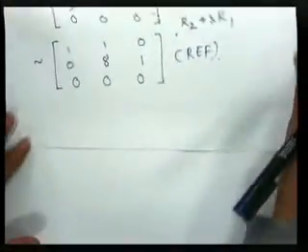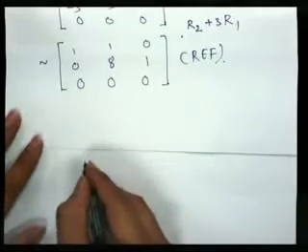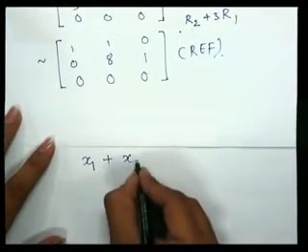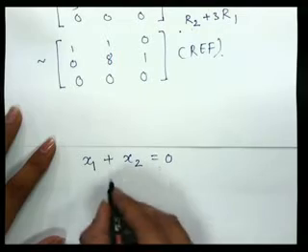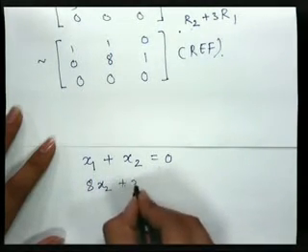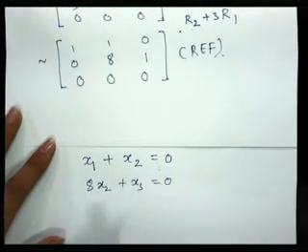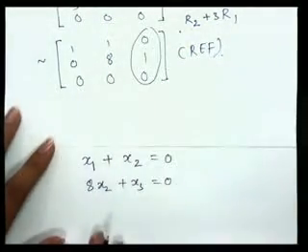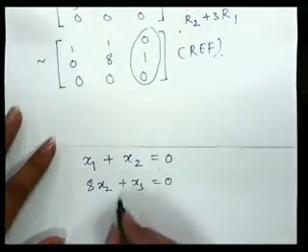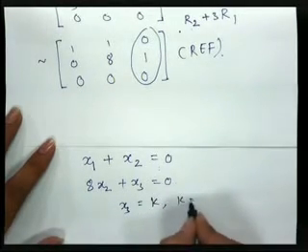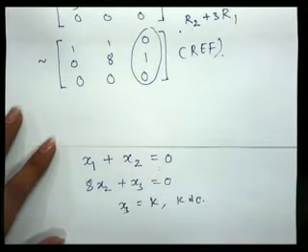So we consider the corresponding equations, x1 plus x2 equal to 0, then 8x2 plus x3 equal to 0, and there is no pivot in the third column, therefore x3 is a free variable. Say x3 is equal to k, where k is some non-zero real number.